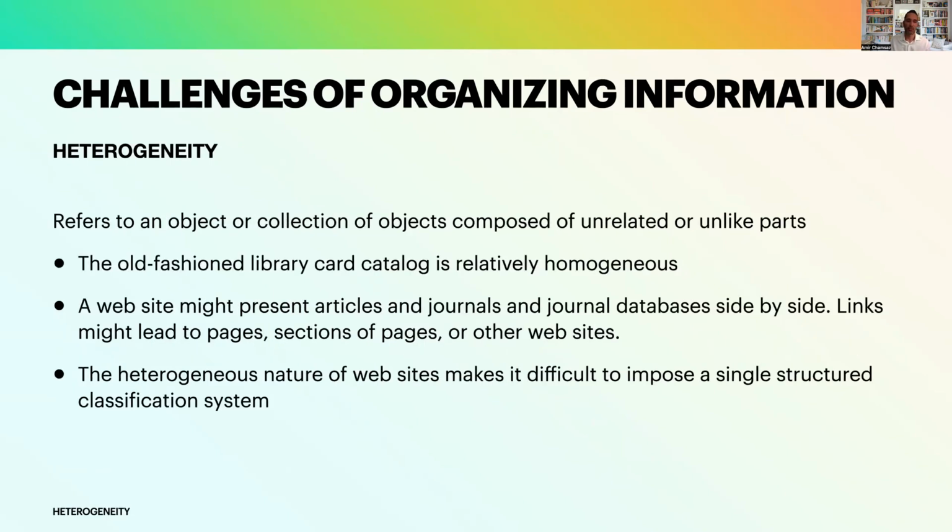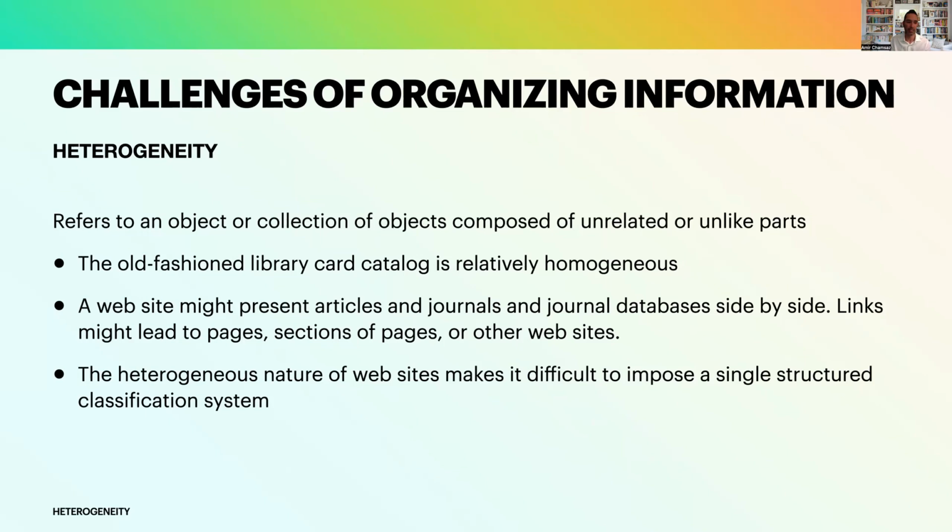Heterogeneity refers to your items being composed of unrelated, unlike parts. When you catalog books, for instance, it's pretty simple because they're all books. But imagine if you were going to catalog books and CDs and some documents and throw in the mix, let's say, directions to a location, because there are different types of information.